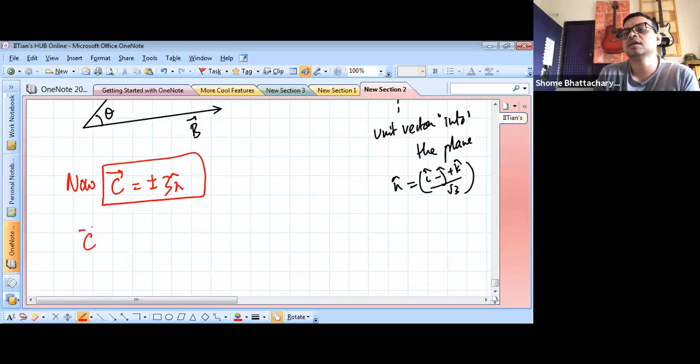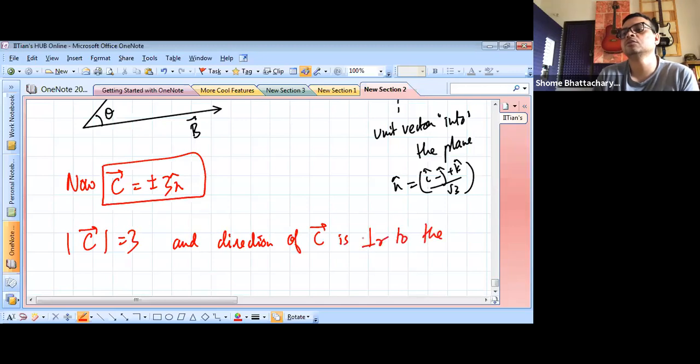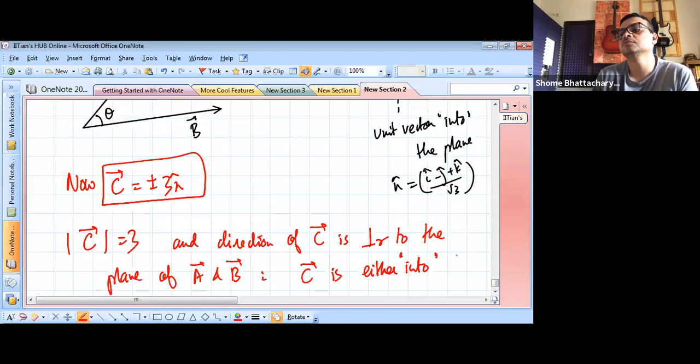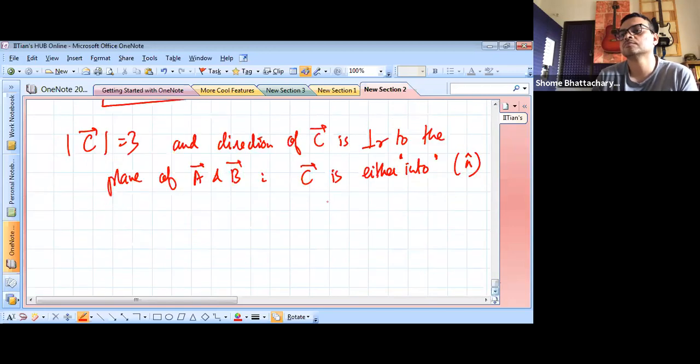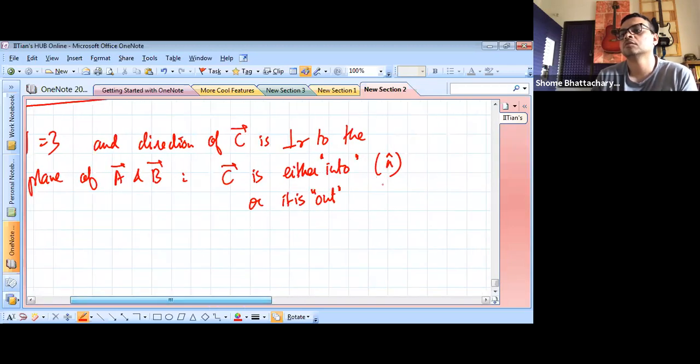Because the vector C has a magnitude of 3, and the direction of C is perpendicular to the plane of vectors A and B. So that means that C is either into the plane, in which case its direction is n cap, or coming out of the plane, that is minus n cap.